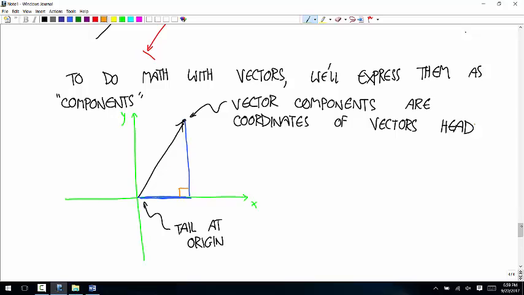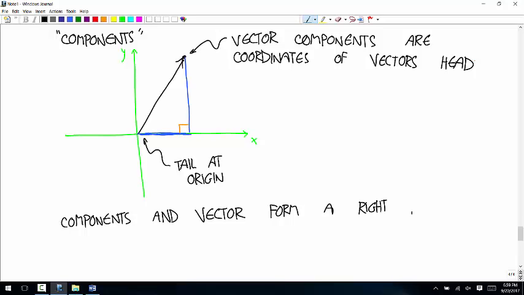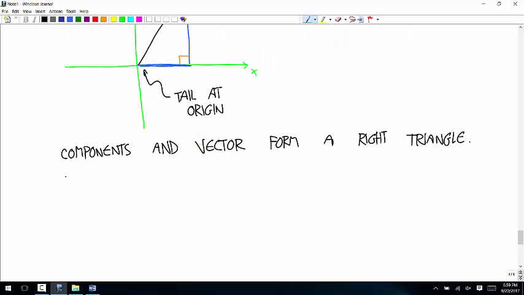So the components and the vector form a right triangle. And so that's why we're going to get into trigonometry. Trigonometry means studying triangles, and so that's the connection.